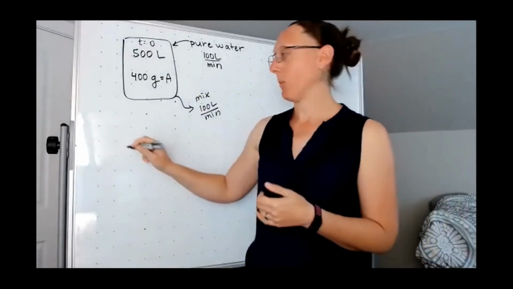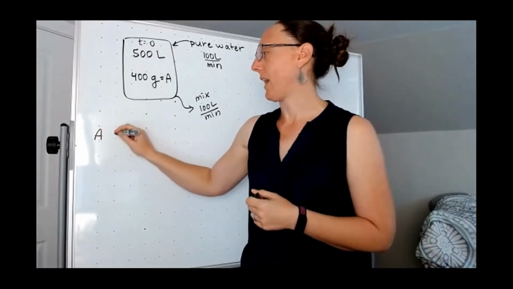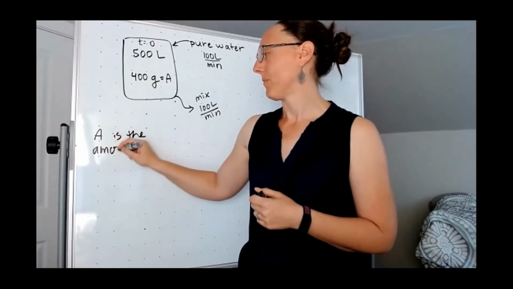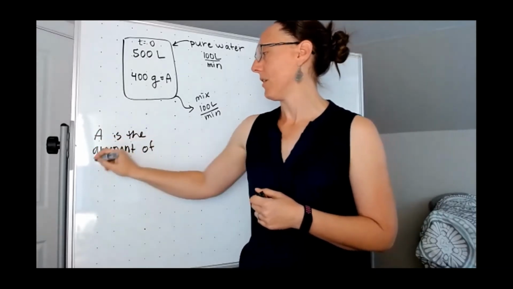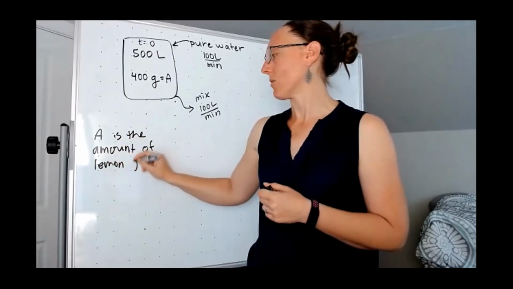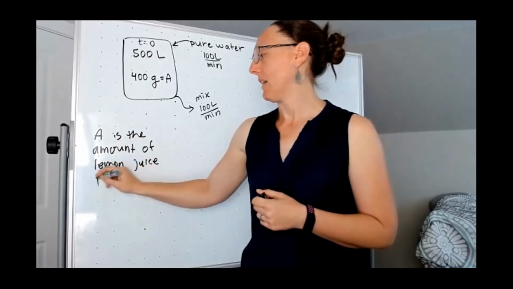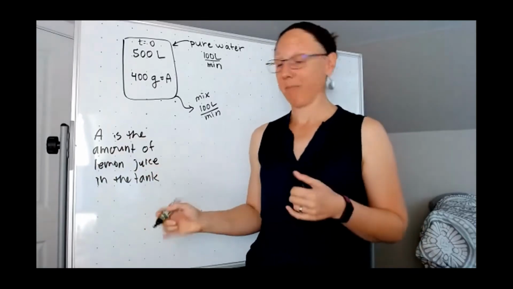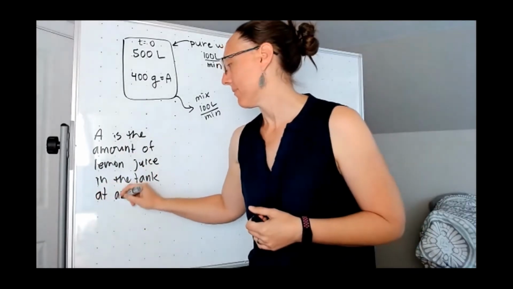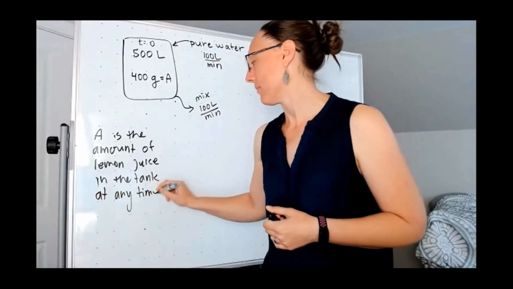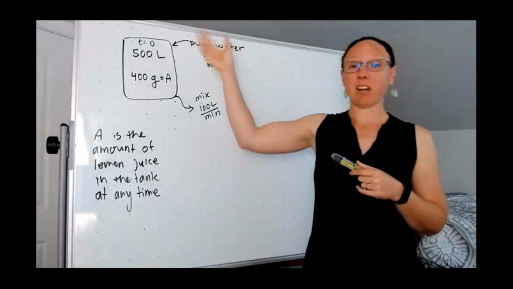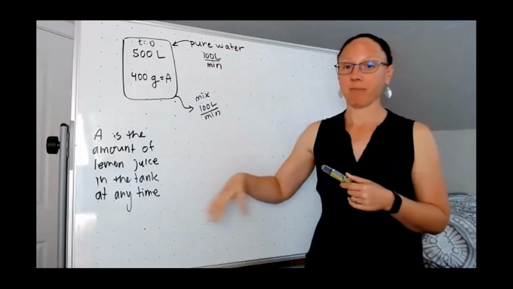So just to remind myself off to the side, A is the amount of lemon juice in the tank at any time. So what we know in this problem is that I've got stuff coming in and stuff leaving.